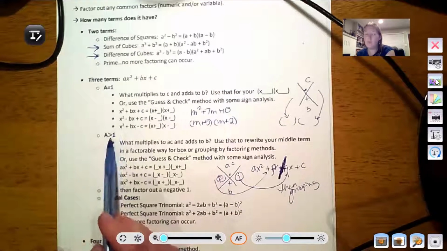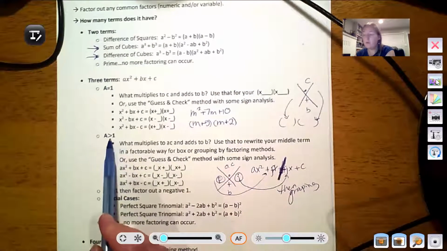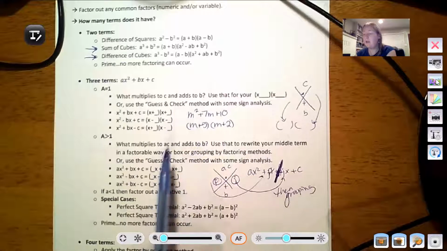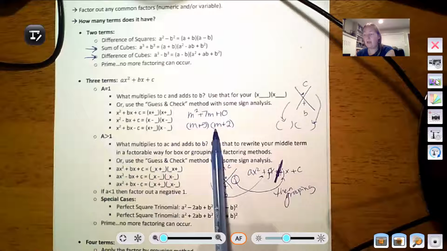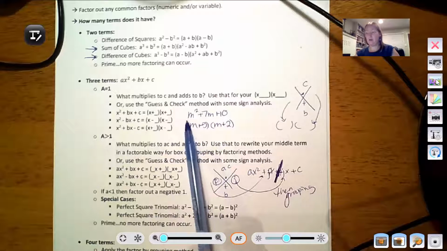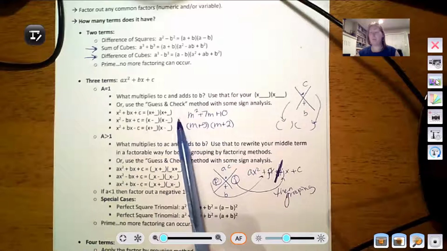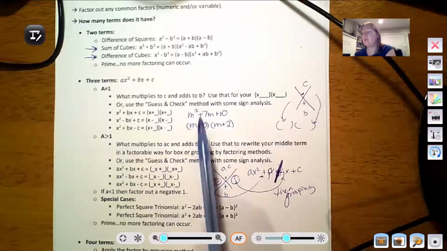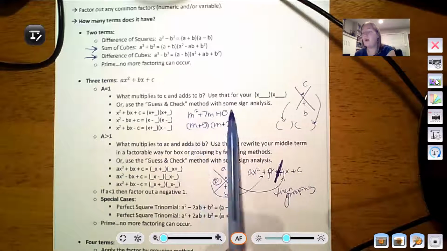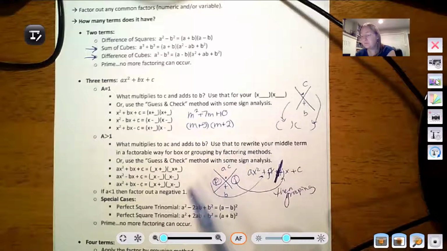When your A is greater than 1, when your leading coefficient is greater than 1, then you need to account for that. These two things can't just be your m's, because that wouldn't get you any other number other than 1m. So you need to account for how that plays into your O and your I of FOIL.